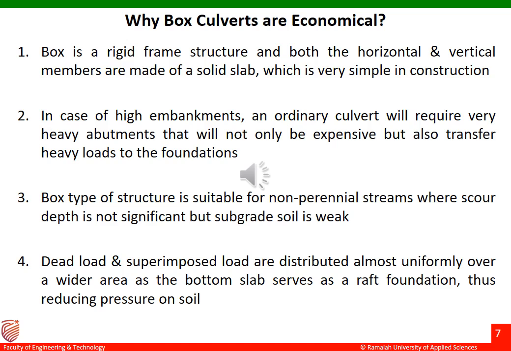As you all know, the box culvert behaves like a monolithic structure, that means a single unit, which makes the complete structure a rigid unit compared to other forms of culvert.